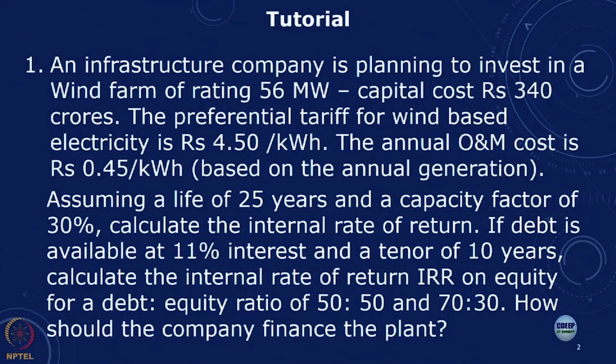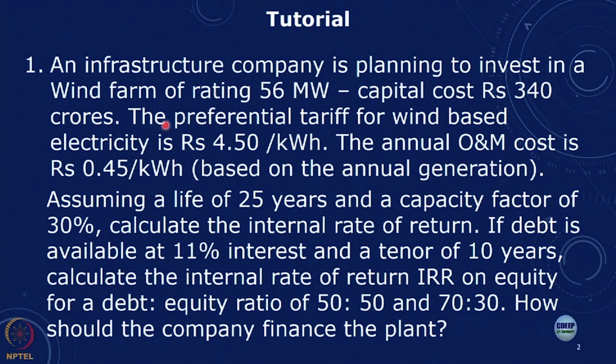The first one is, there is an infrastructure company which is planning to invest in a wind farm with a rating of 56 megawatt. We are given that the capital cost is of the order of 340 crores, which is typically the order of magnitude of the capital costs of grid connected wind machines.